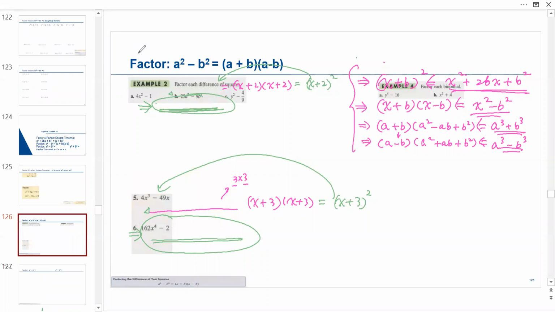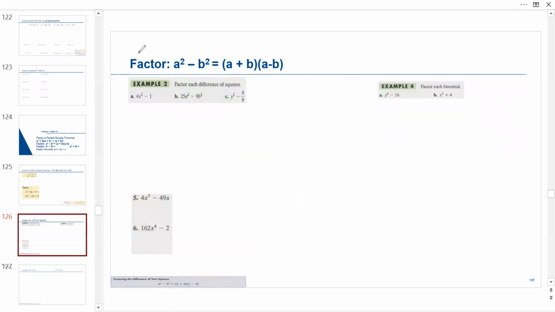So we know the perfect square situation. When you meet x squared plus 2bx plus b squared, what it means is this: when you see the trinomial, the last number c is some number squared.